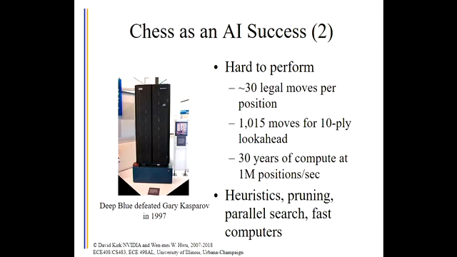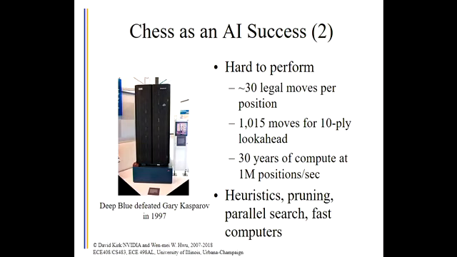And if you want to go down about 10 steps, you want to think ahead 10 steps and see the consequence of your moves, you would need to evaluate 10^15 moves for 10 steps ahead. And this evaluation will take about 30 years at about 1 million positions per second.